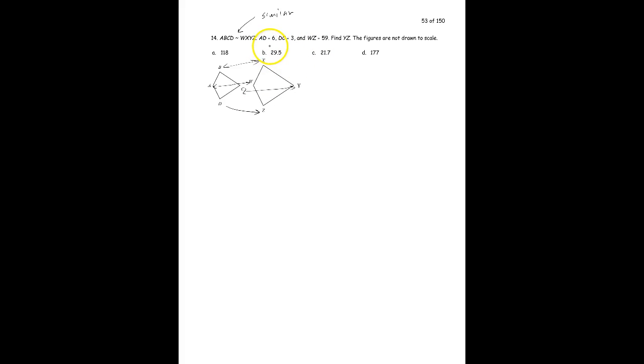And we're given that AD is 6 right here. DC is 3. WZ is 59. And we're looking to find YZ. I'll call that x.